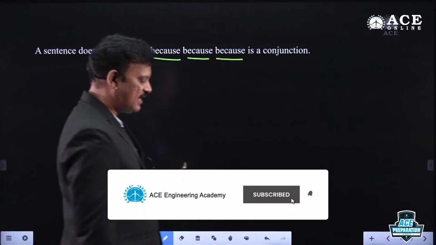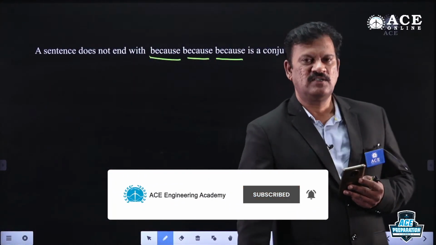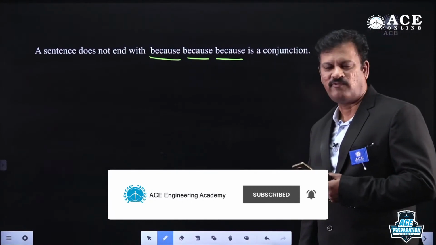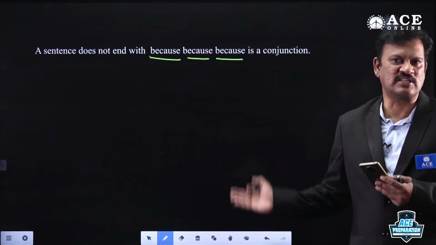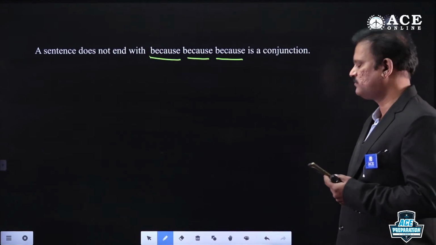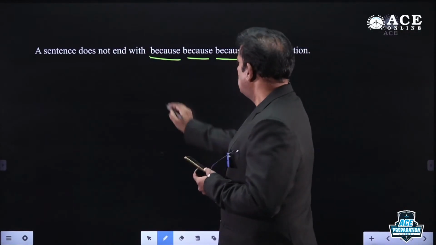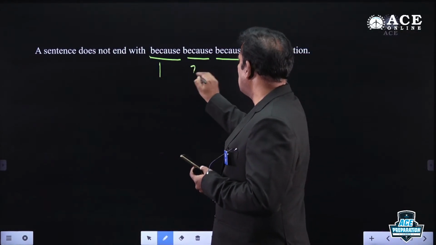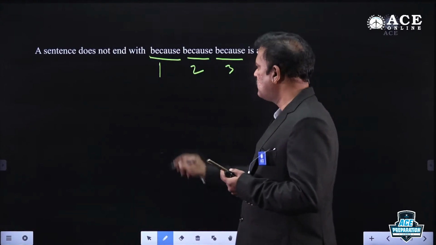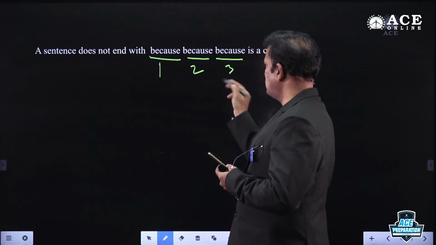Just identify verbs first, break that into sentence form, and automatically the words come out. This is the first because, second because, third because. Like that you give me. First because is this, second because is this, third because is this.